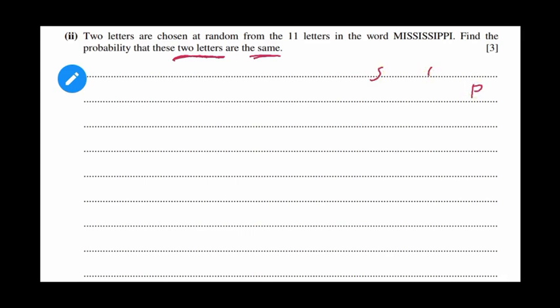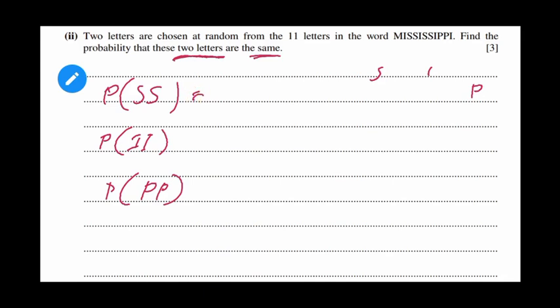We cannot use M for this question. So here we require the probability that 2 letters are same. That means both are S, or probability of both are I, or probability of both are P. That is what is meant by 2 letters are chosen and both of them are same.